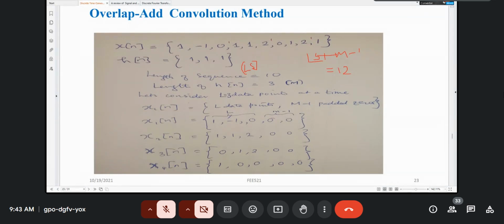Because you can use anything so long as it is longer than the length of h(n), longer than M. In this case, you have decided to use length equal to M data points at a time, but then we are padding with M minus 1 zeros.